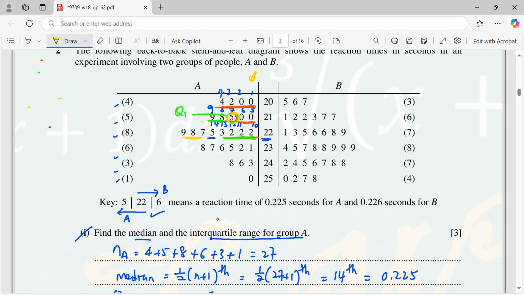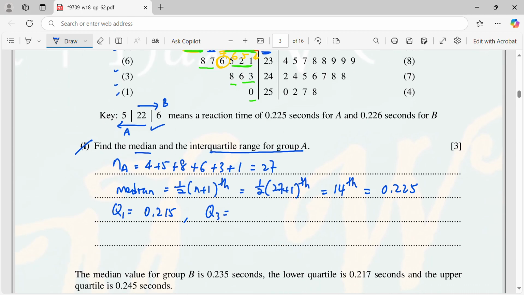It will be 1, 2, 3, 4, 5, 6, 7, right? Then another 6 here. 2, 4, 5, 6. So here will be 3 and here is 3, 6. So that means it will be 2, 3, 6. So I will get 0.236.